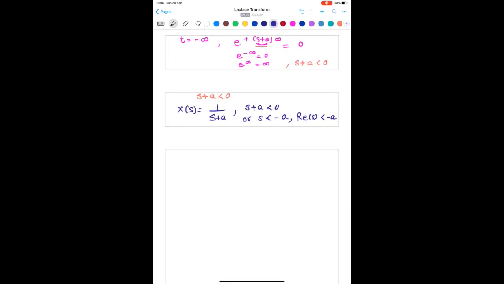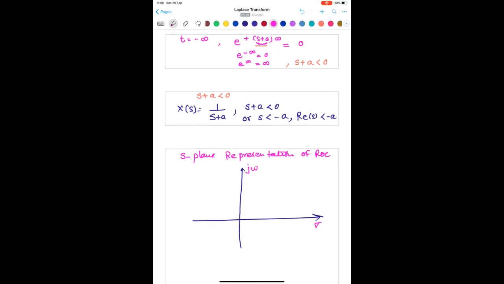So if I plot it on an s plane of ROC, this is sigma, this is j omega.